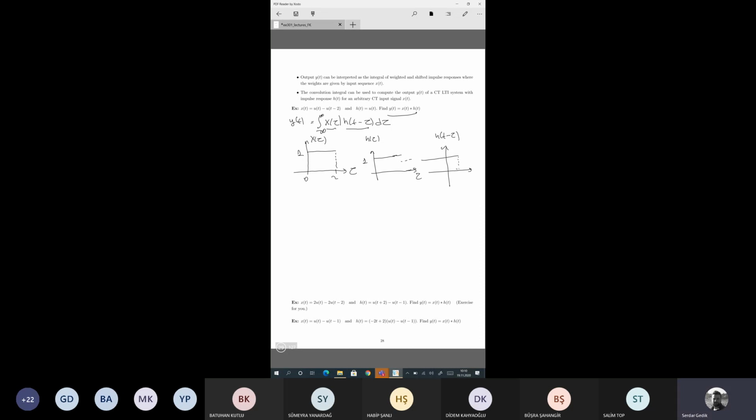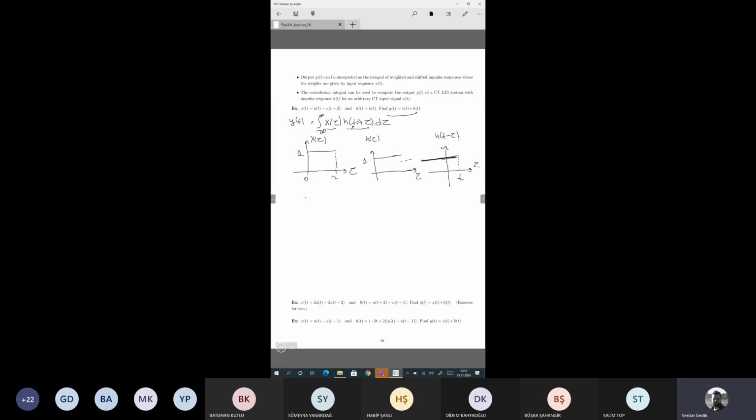So I scale and shift the time index. So this is my h of t minus tau. Due to this minus, I have time reversal. So the graph extends to minus infinity, and this t is giving me a shift. So this is my h of t minus tau.